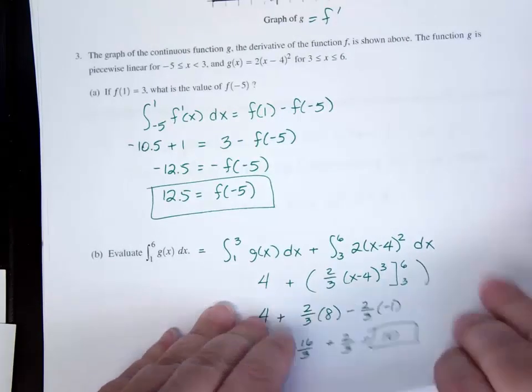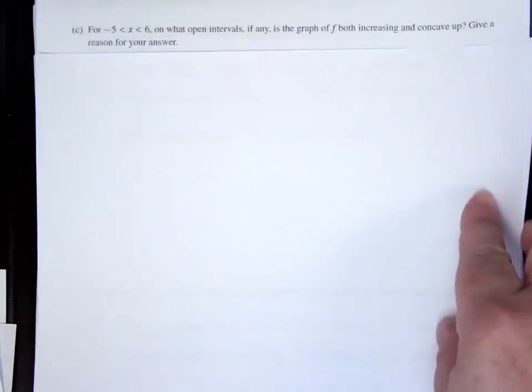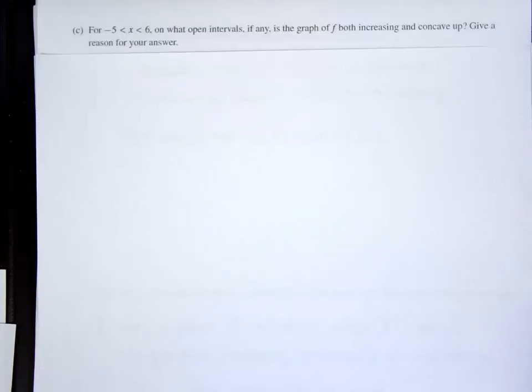Now moving on to part C. Part C says from -5 to 6, on what open intervals, if any, is the graph of f both increasing and concave up? Give a reason for your answer. Okay, they're asking about f.